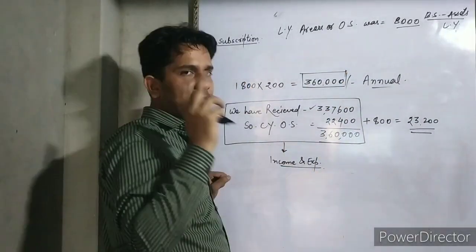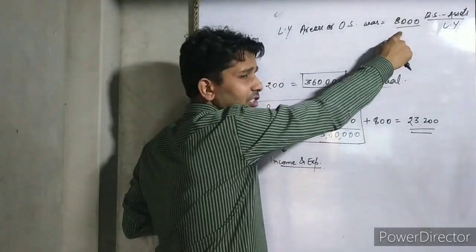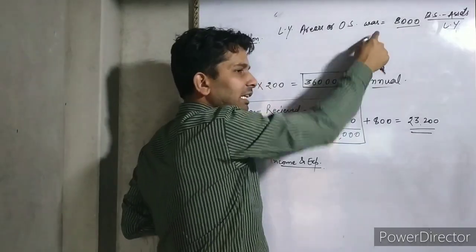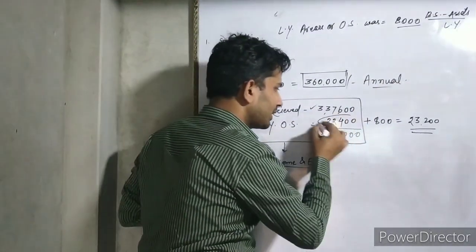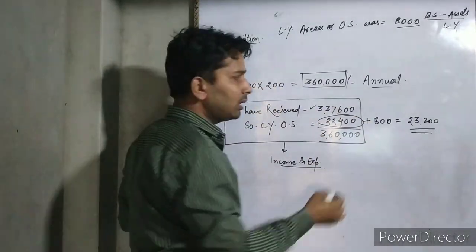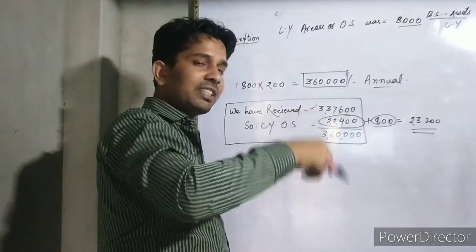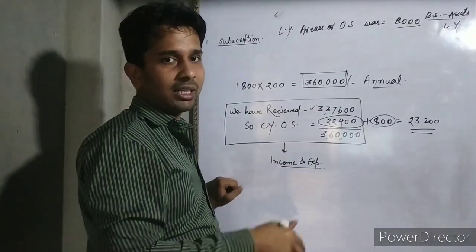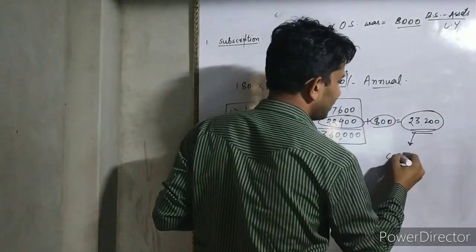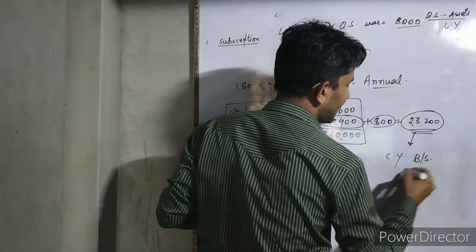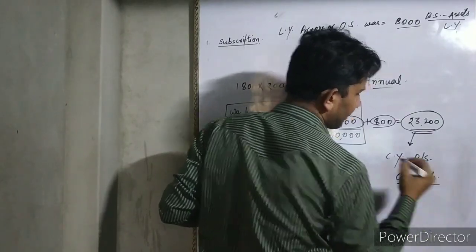But for the balance sheet, we have two types of balance sheet. In the last year balance sheet, the question's adjustment is already mentioning that it is 8,000. So it will take place in the last year balance sheet. But in the current year balance sheet, 22,400 from the current year members and 800 of last year, which is still outstanding. Okay, so in the current year balance sheet, that 23,200 will be there as outstanding subscription.